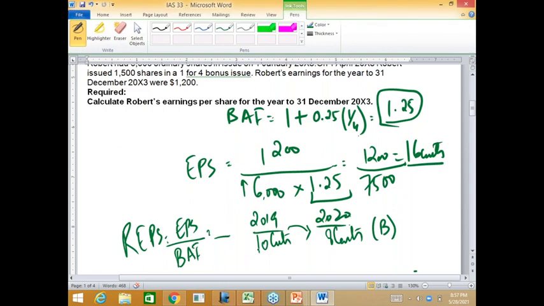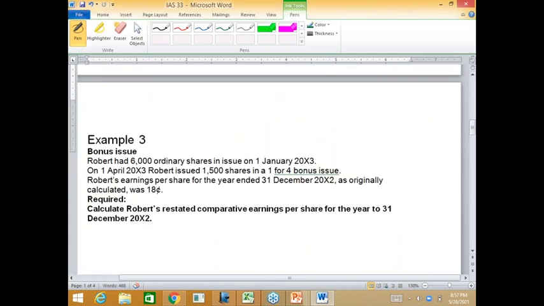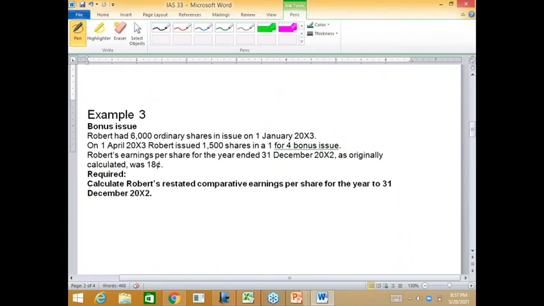So that's why we are attempting question number 3. It says the previous year's EPS is 18 cents already.